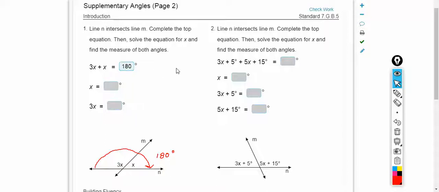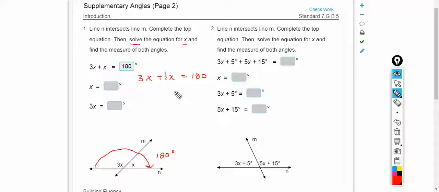Now we're going to solve the equation for X. The way that we do that is, we can write this again, 3x plus x equals 180. We know that this x is the same as a 1x.